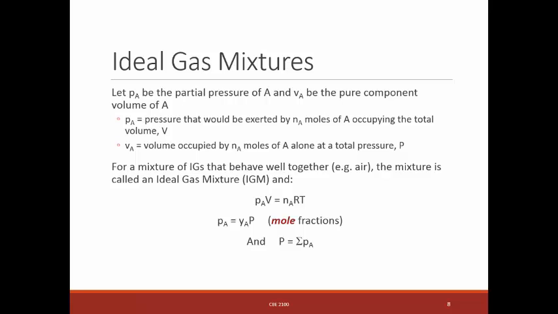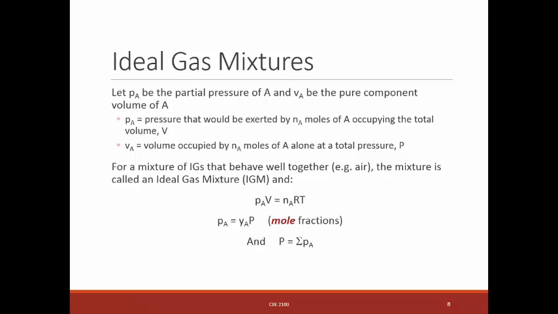So another way of saying that would be that the partial pressure of A is the pressure that would be exerted if I had N sub A number of moles of A occupying that total volume at that temperature. And similarly, the partial volume, V sub A, is the volume that N sub A moles of A would take up if it were at a total pressure of P.